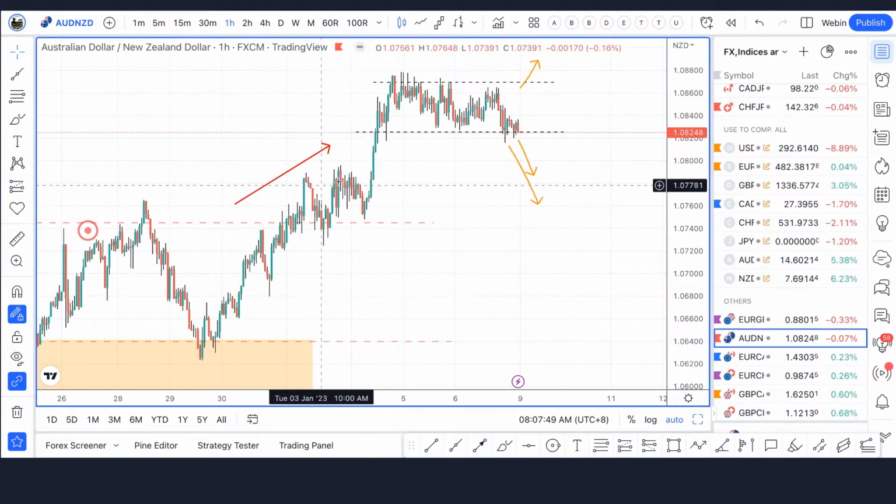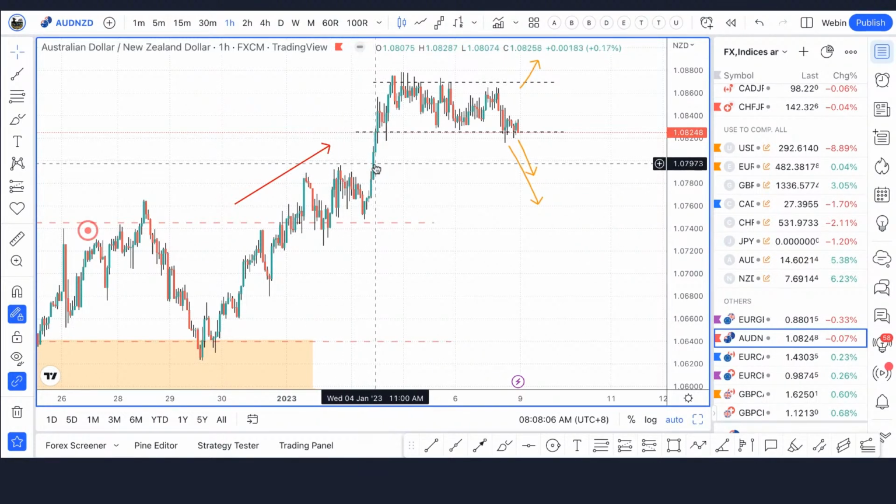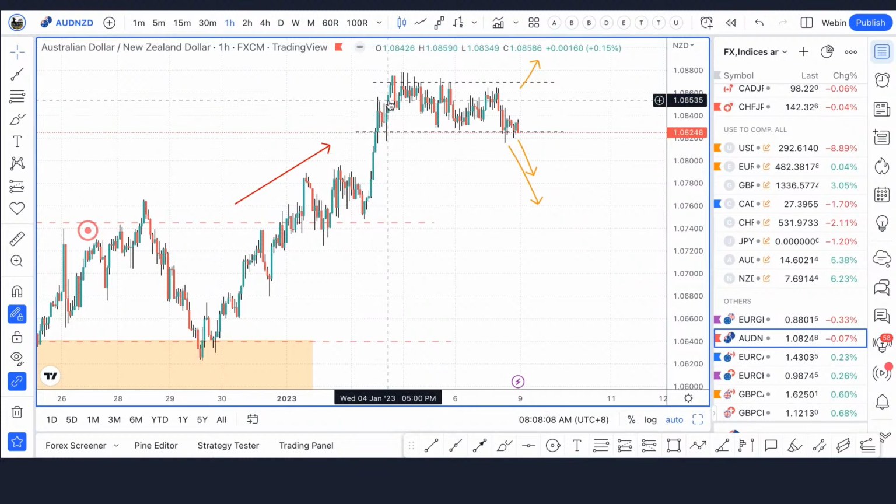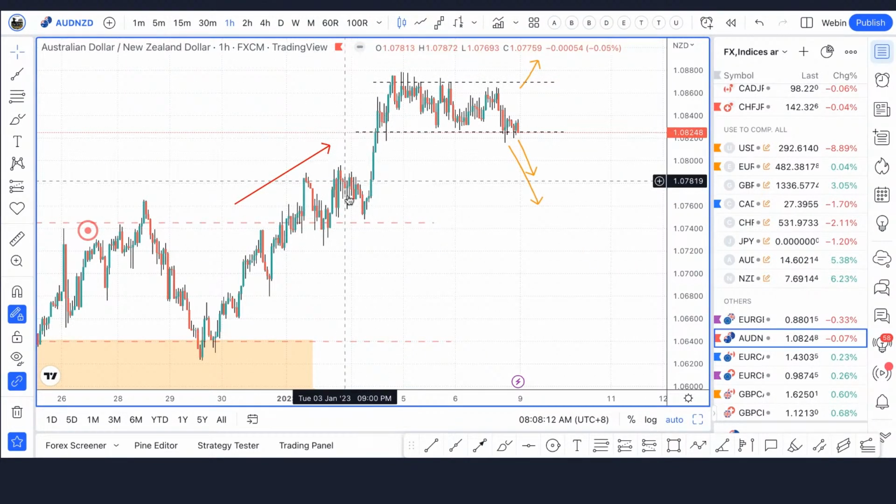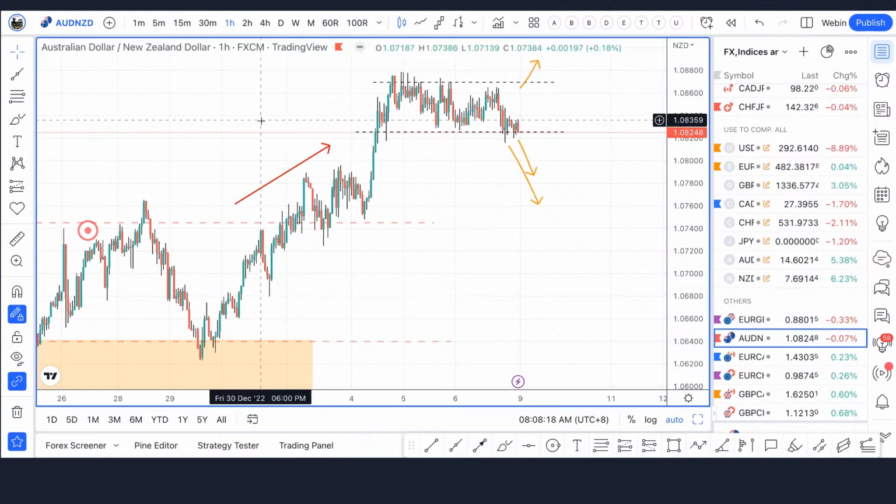For example, over here, if last week you were observing Aussie New Zealand to break out of this consolidation, I was saying that if it were to hold here and then break out over here, this breakout candle would be the one you can enter to go long, rather than playing within this range that it might go on for a very long time.